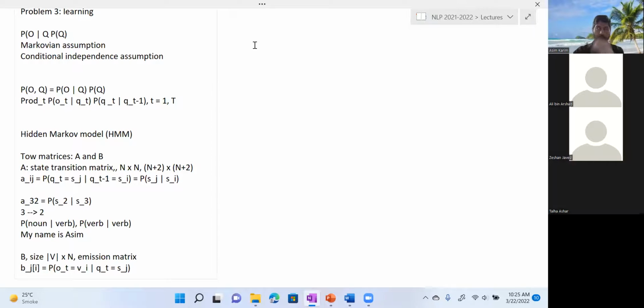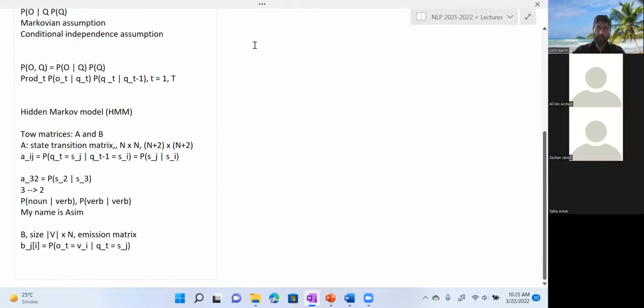So now we have these two matrices capturing all the information of the HMM. We can write both these matrices together and call it lambda, A and B. So this lambda completely defines the HMM.